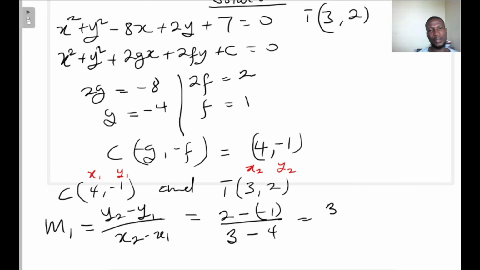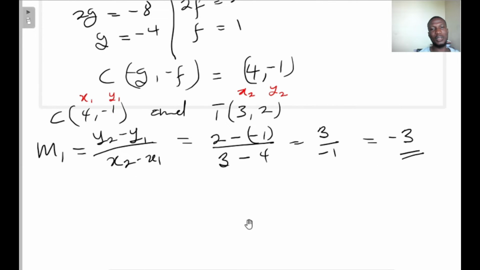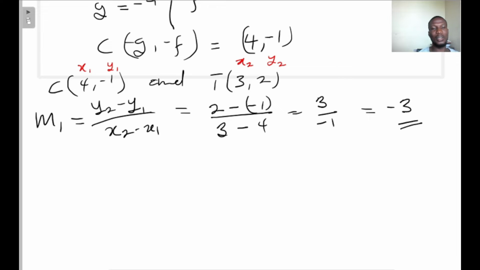That will give us 3 over negative 1, and that will be equal to negative 3. Right, so this is our M1, which is the gradient of the radius to the circle.